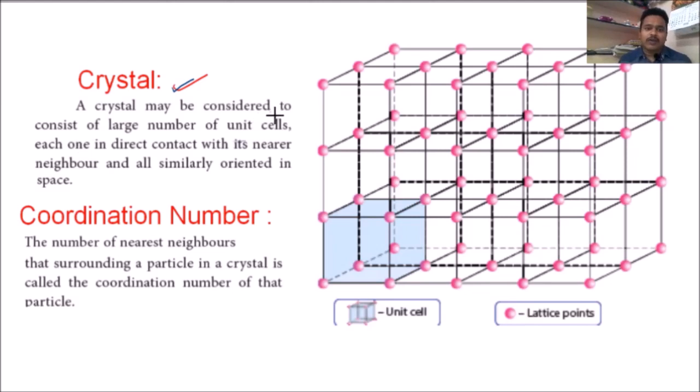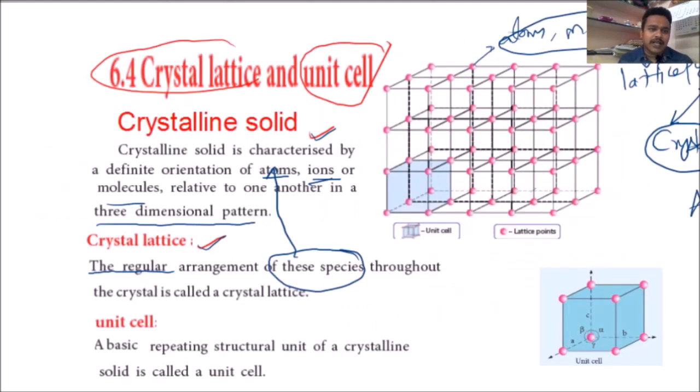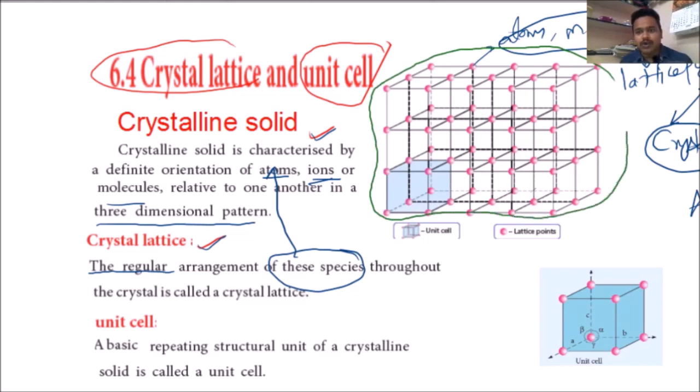Okay, we will talk about unit cells, then I will talk about the crystal. This much solid, this much crystalline solid, this much crystal lattice is there. So how is it going to form?